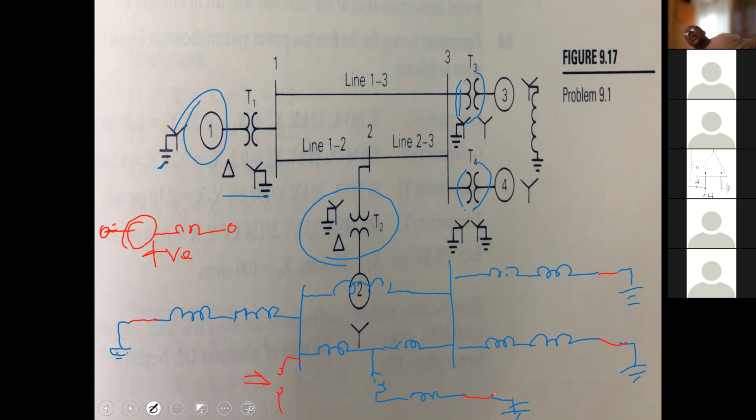So the only challenge really for your positive sequences, in an instance like this, it may be helpful that you convert this section here, let's say that delta, to a star. That would simplify your work.